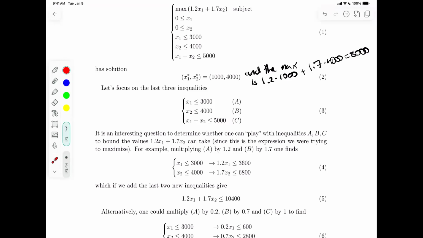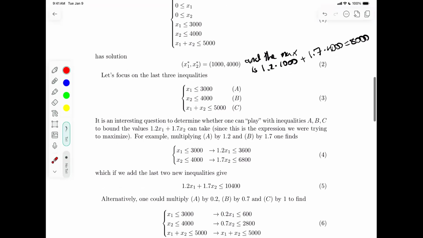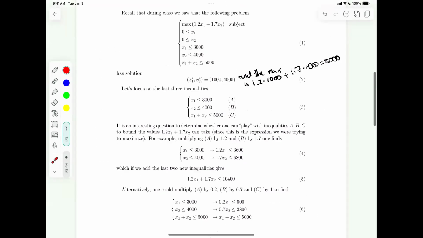So what is one thing that you could do? These inequalities are not that interesting, so let's just focus on the last three inequalities. Let's call them A, B, C, right? And let me write the function here so that you know why I'm choosing the coefficients this way.